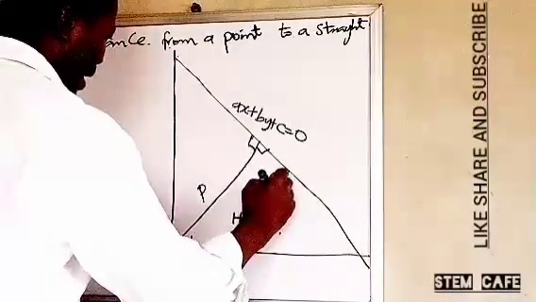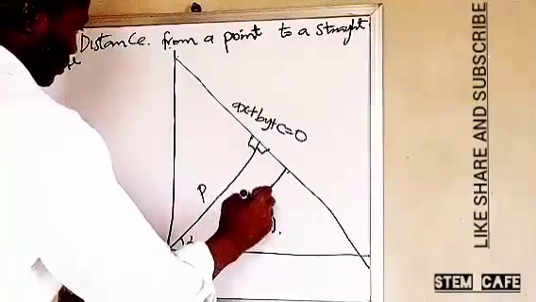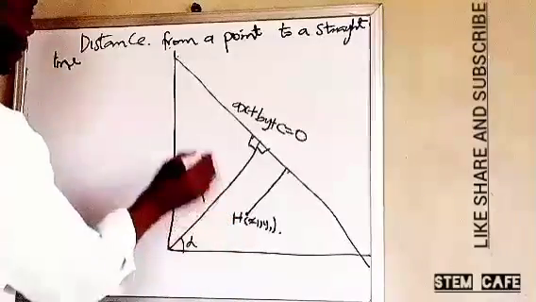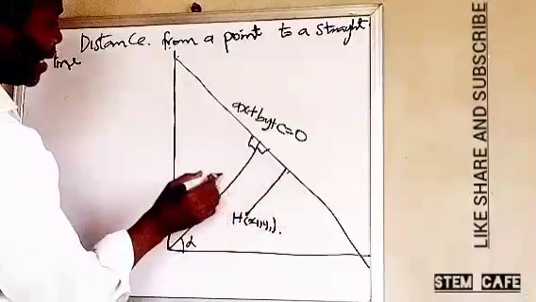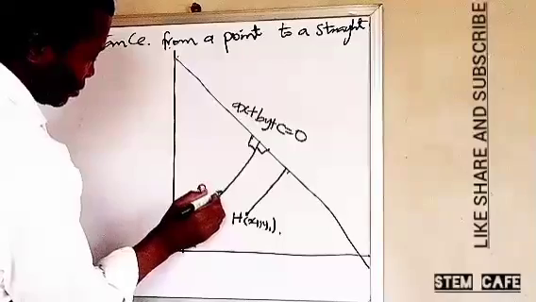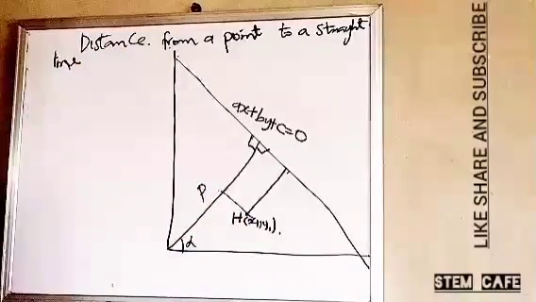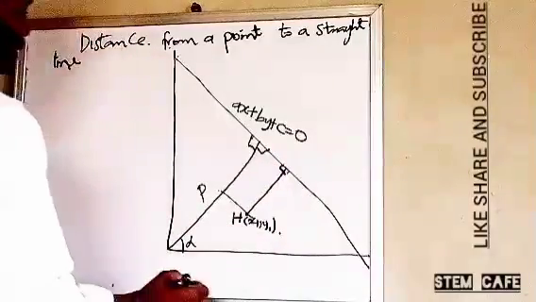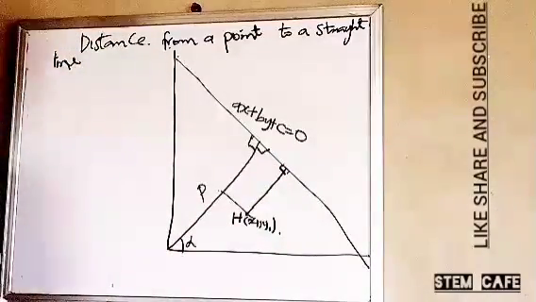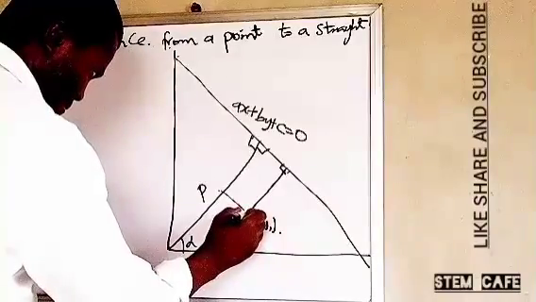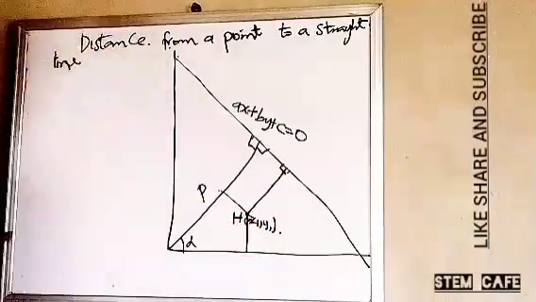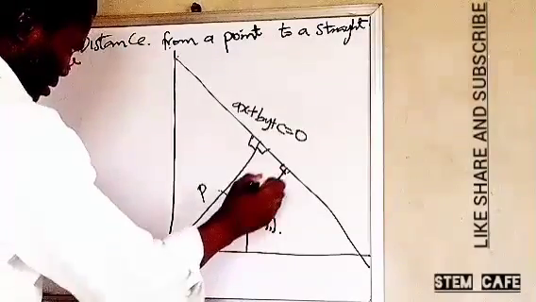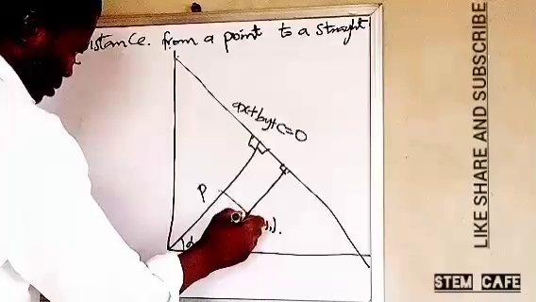I draw a parallel line to P here from H, and I draw a parallel line to line ax plus by plus c here. So I have a parallelogram there. From here also, I can draw a line down, and draw this line, parallel line to P, a bit down.